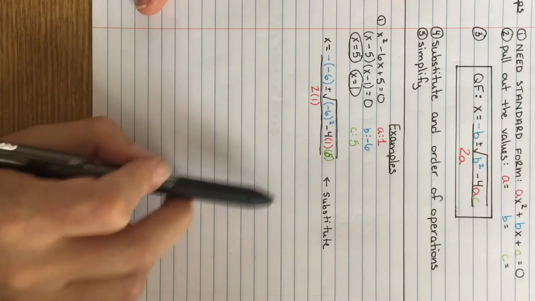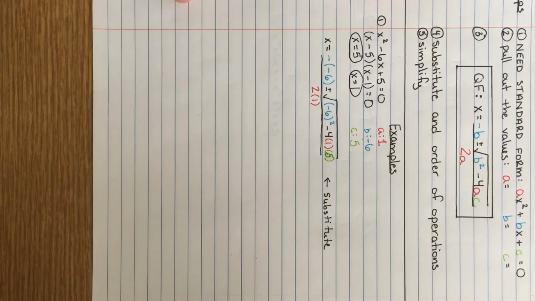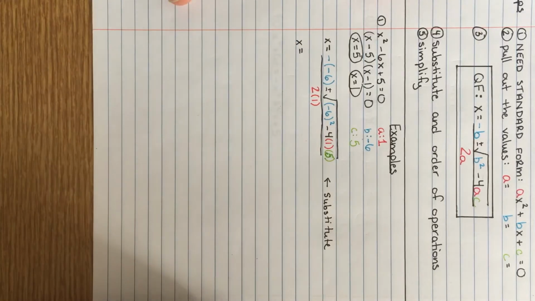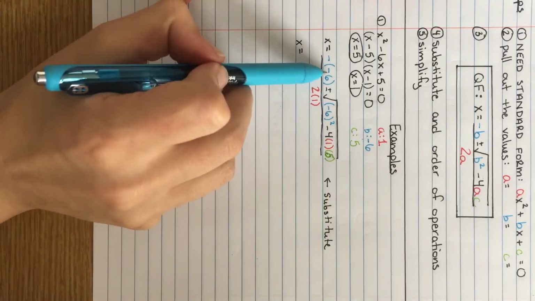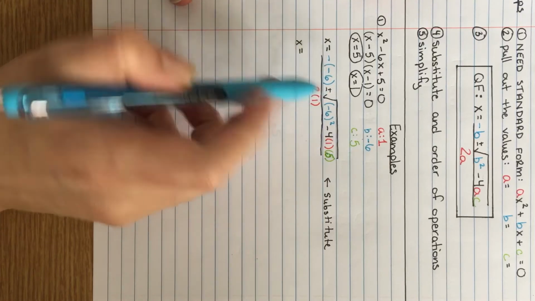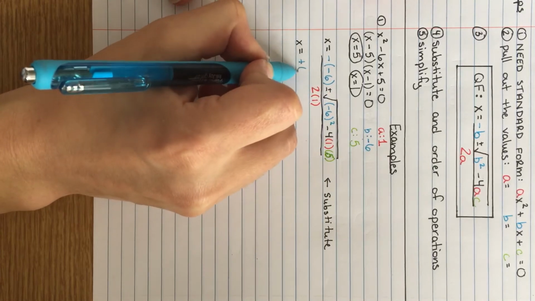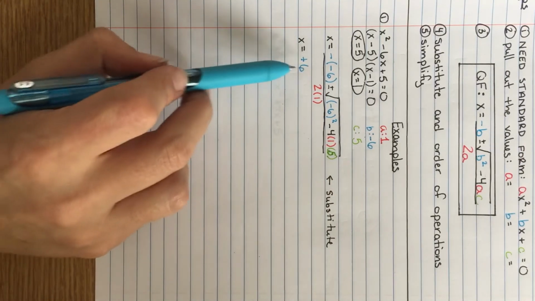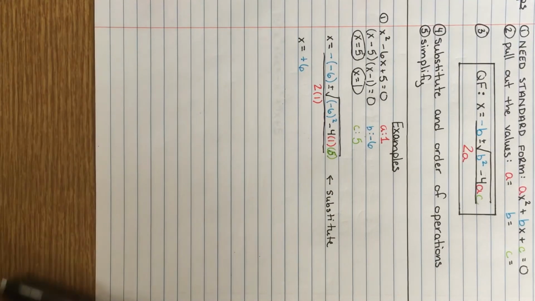Now I'm going to make little notes as I go through each step. So the second step is to actually take the opposite of b. My b is a -6. I'm going to negate that, and it is going to create a +6. After this example, I'm going to start putting it in as the opposite sign.